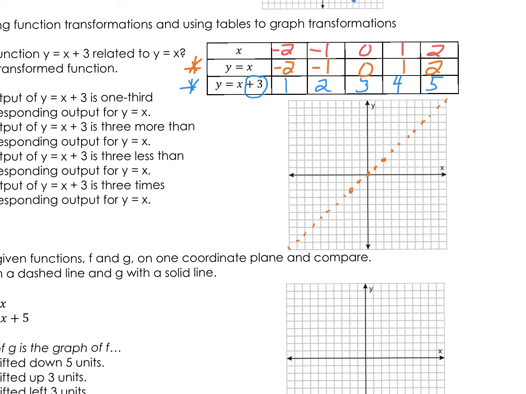So I'm going to plot this row with this row. So I have -2, +1, and -1, +2, 0, 3, 1, 4, and 2, 5.